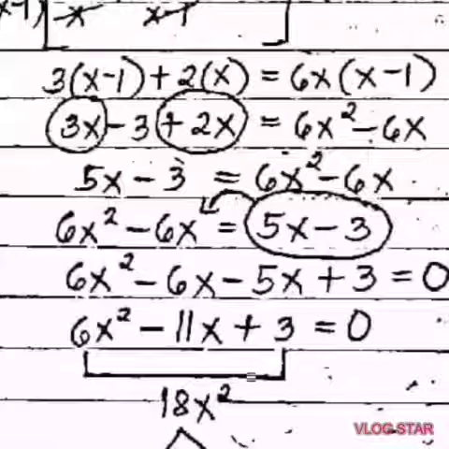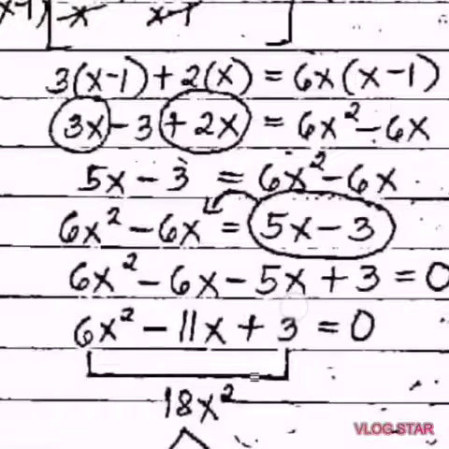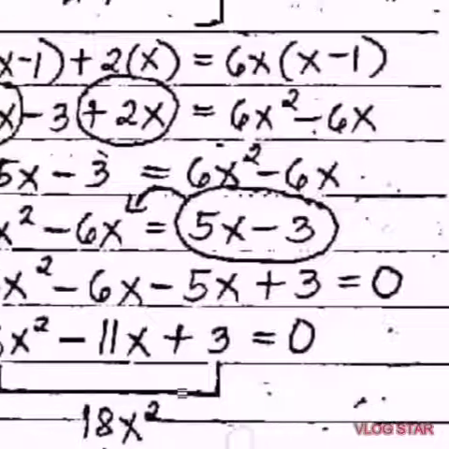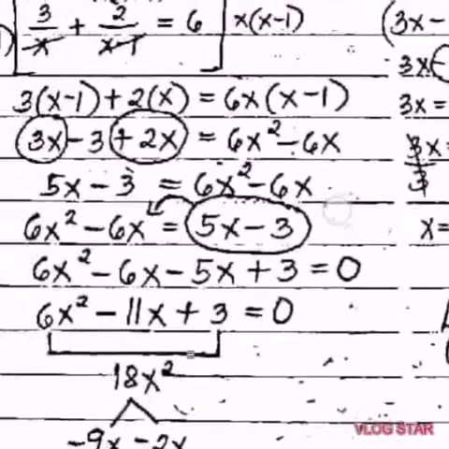Okay, since these are now the factors, we're going to write the first term 6x squared, and then for the first factor minus 9x, and then the next factor which is 2x, and then the last term here plus 3. Okay, and then equals 0.